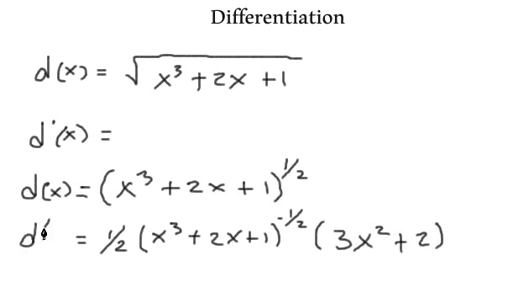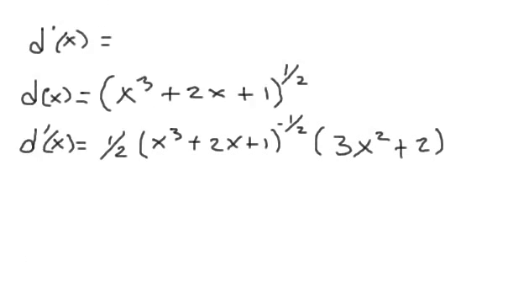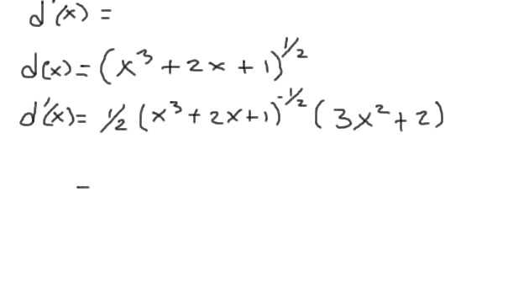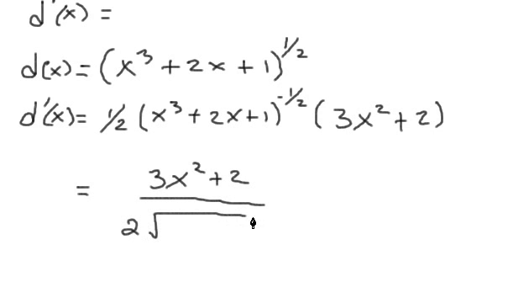And I'm now going to clean this all up. So this becomes 3x squared plus 2 over 2, and then I'm going to put it back into radical form, x cubed plus 2x plus 1, and that is our d prime of x.